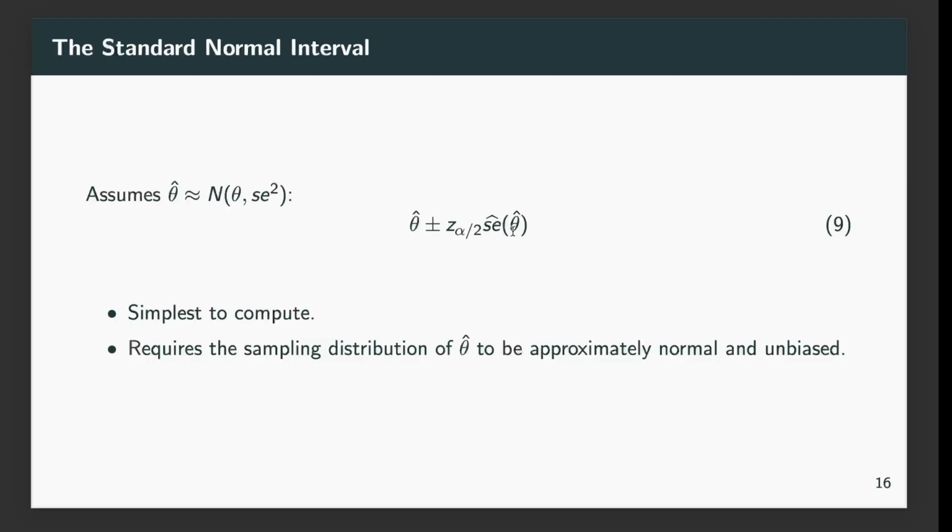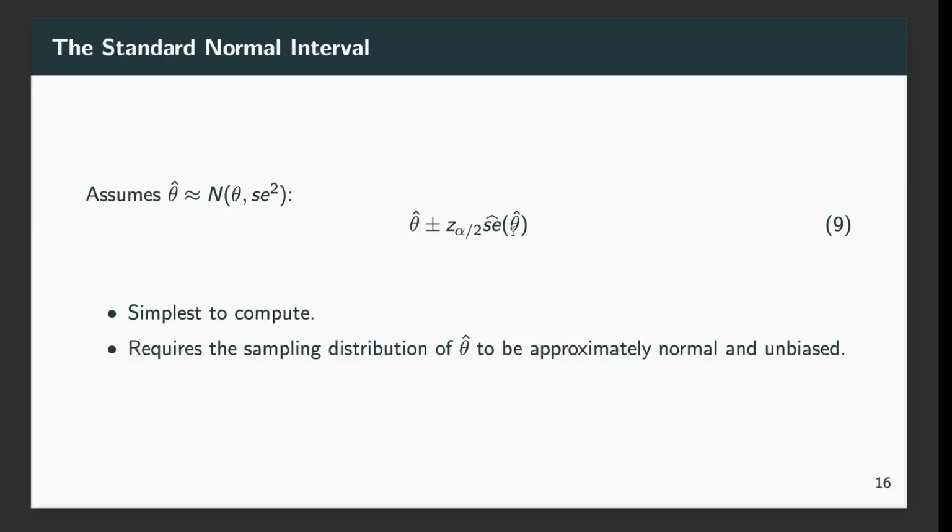This is quite simple to compute, and it requires the sampling distribution of theta hat to be approximately normal and unbiased. So this is basically the central assumption. If theta hat is not normally distributed, for example if the distribution is heavily skewed, then this interval will not have the correct coverage probability.